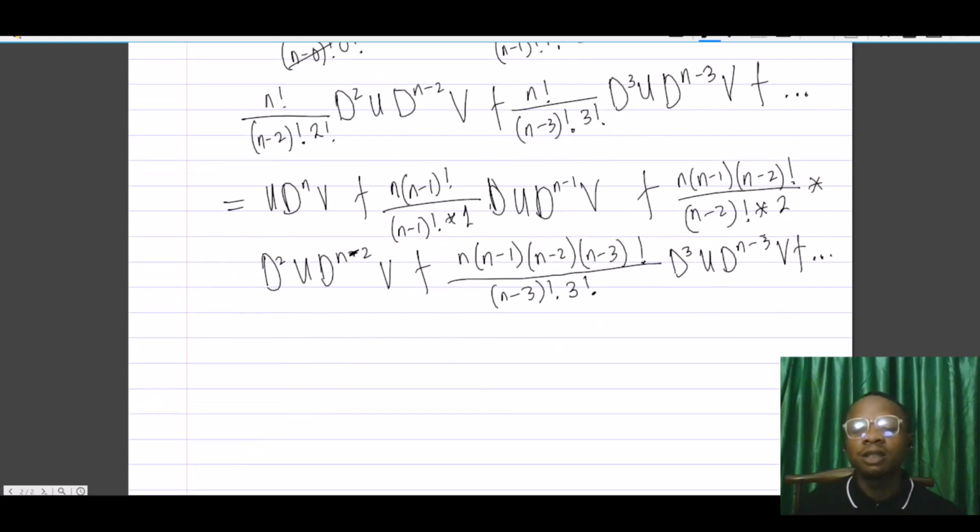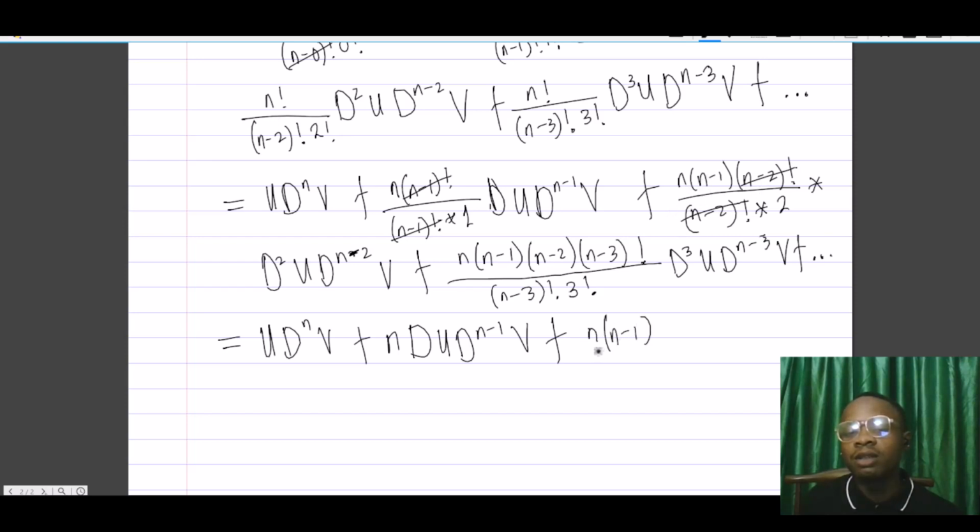All right, we can simplify this now. We can say that this is going to be equal to u, the nth derivative of v, plus, so this will cancel this, so we have n over 1, which is just n, so n times the first derivative of u, the (n minus 1)th derivative of v, then plus, this is going to be n minus 2 factorial, cancelling this, and then we have n into n minus 1 divided by 2, then the second derivative of u, the (n minus 2)th derivative of v, then plus, this is going to cancel this, so what we have left will be this, and this is 3 factorial, which is 6.